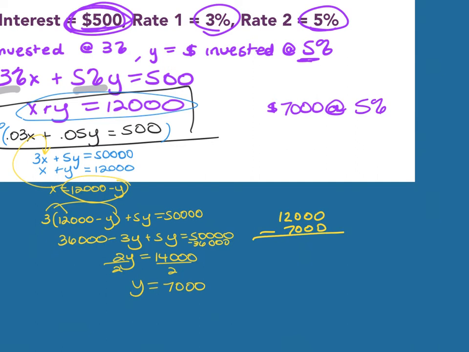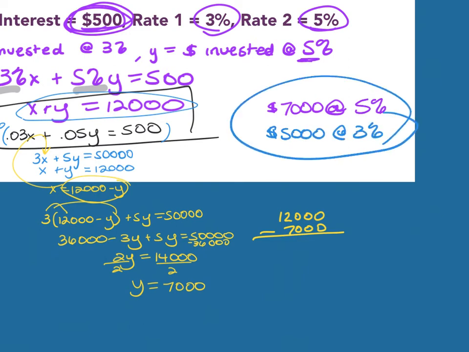What's 12 minus 7? 5,000. So we did $5,000 at the 3%. And an easy, quick way to check that is do 7,000 times 0.05 and 5,000 times 0.03 and see if you add those together, do you get the 500 that you should have made? Okay, these are easy to check.